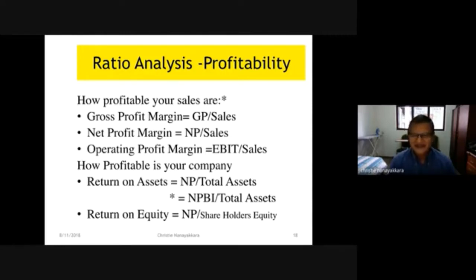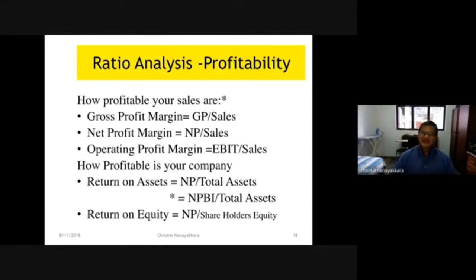For example, say we have a customer in the pharmaceutical industry. We import pharmaceuticals and sell in the local market. So his costs, the cost of the goods, bringing them to Sri Lanka, customs, and all clearing charges, are all his cost of goods sold.